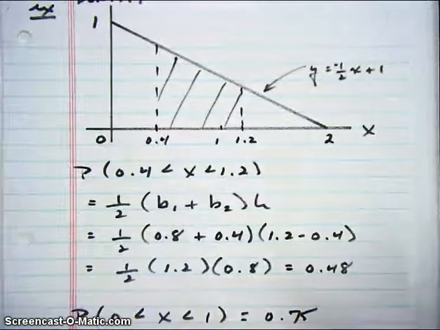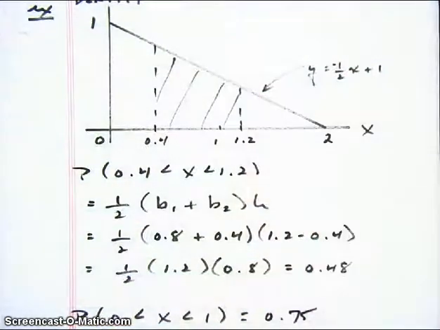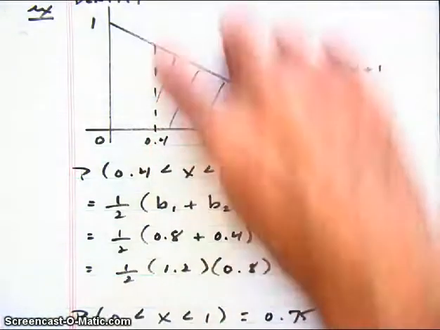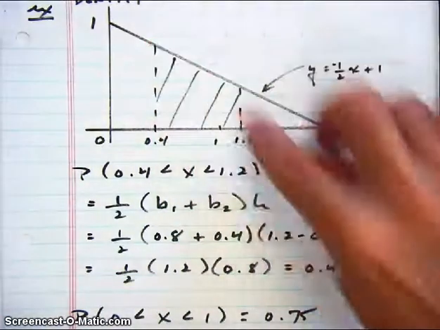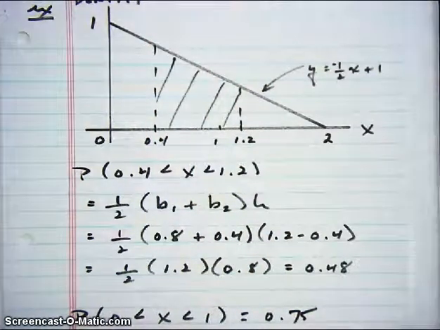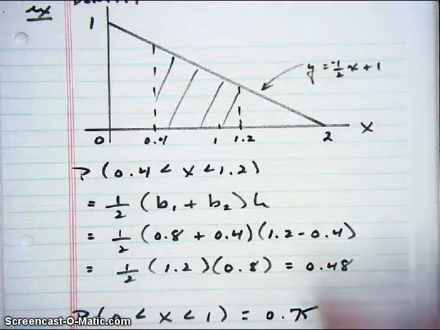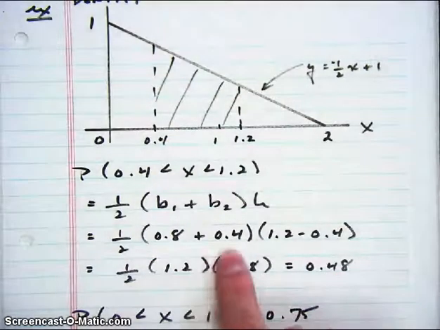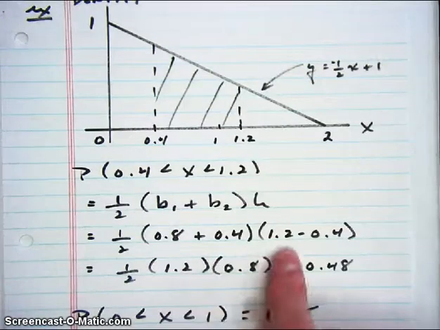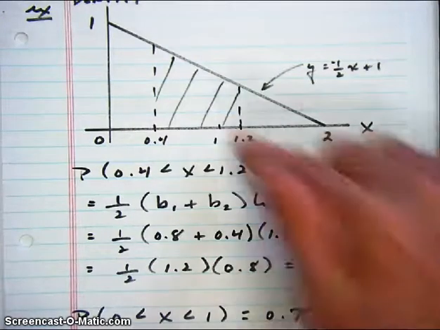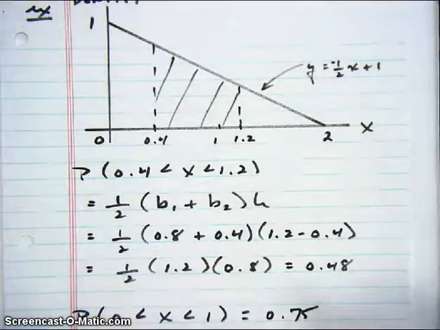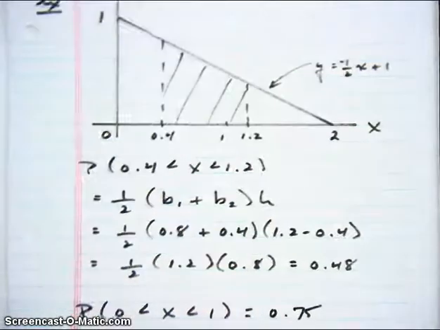I'll leave it to you to figure out where the heights come from, but this base is 0.8, this base is 0.4, and the distance from here to here is 0.8. So we have 0.8 plus 0.4, which is 1.2, times 0.8, and then we divide by 2, and we get 0.48. So 48% of the area under that curve is between 0.4 and 1.2.